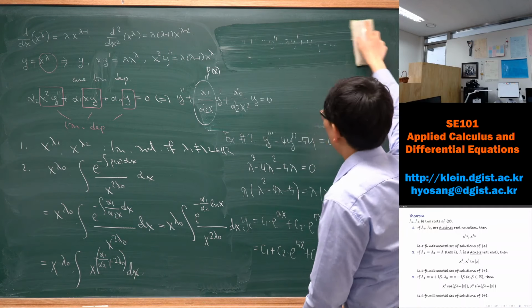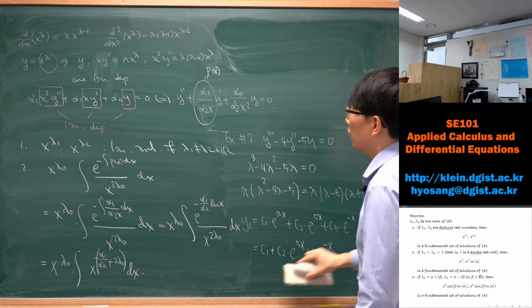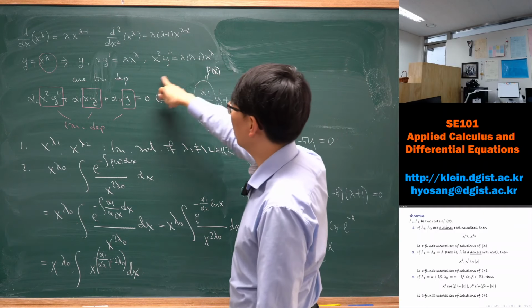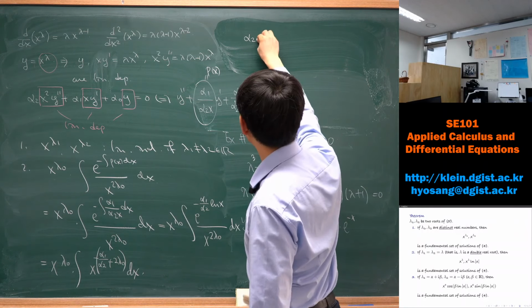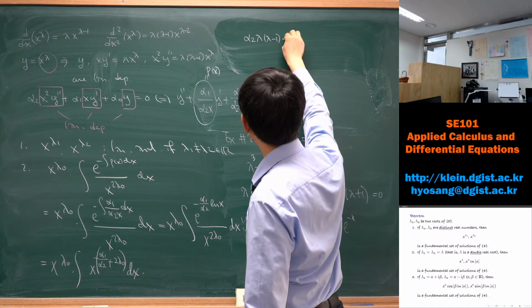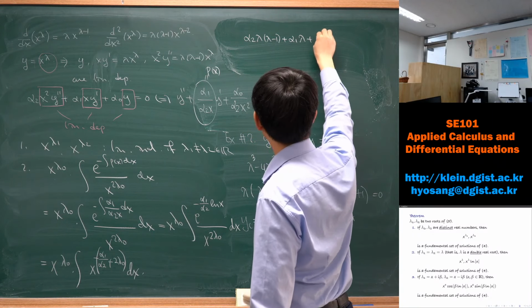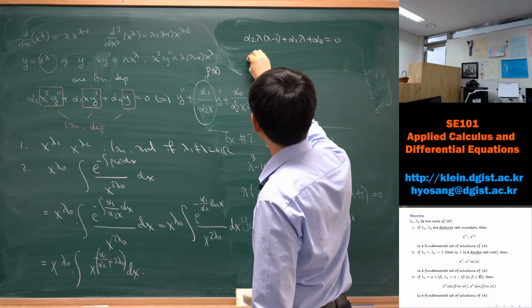Let's check out why this becomes 0. This was alpha 2 lambda times lambda minus 1 plus alpha 1 lambda plus alpha 0 equals 0.